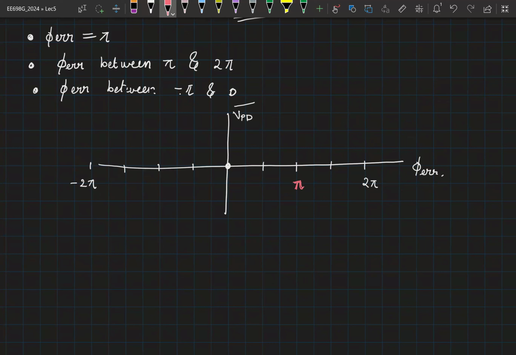What happens after pi? It decreases, right? And it will decrease in a linear fashion. So it will come back to 0 at 2 pi. How should it look on the other side? Similar, right? You don't have negative values, so it is expected to look like this.